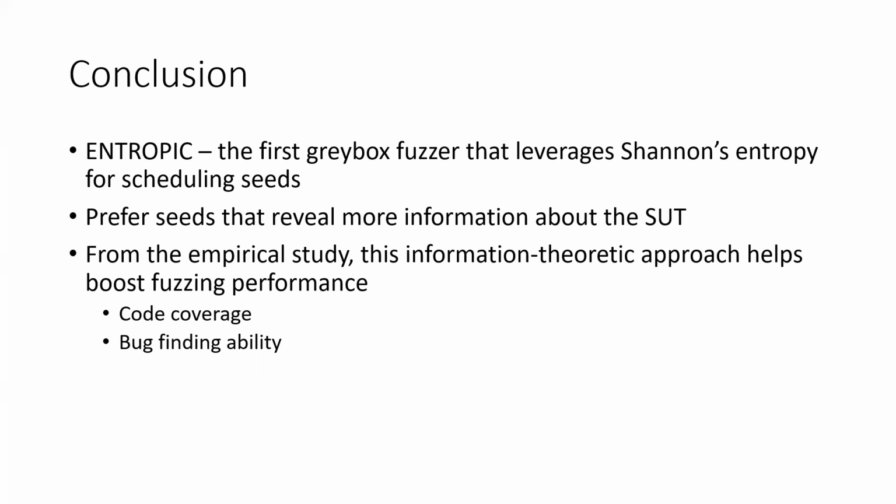And for this entropy, my gut feeling is that the measurement of entropy is trying to find the best scheduling, to locate the low-hanging fruit as soon as possible. You can see that once we explore something new, we give this seed more energy, right?